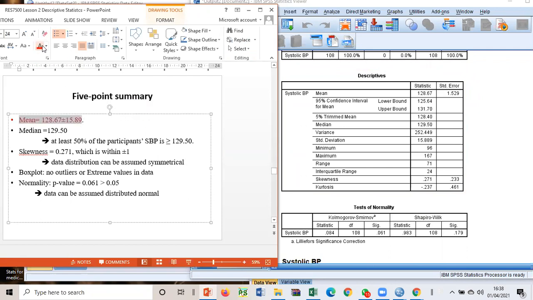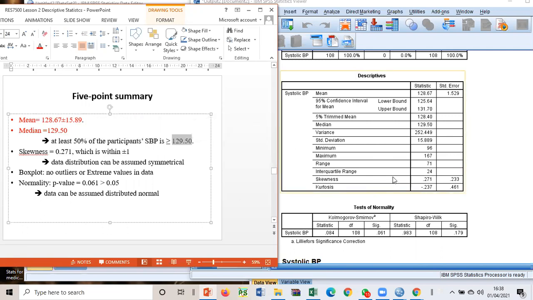Yes, Prof. Right. Next, median. What's the median value? 129.50. So it's not enough just to mention that. What does it mean? At least 50% of the participants' BP is more than 129.5.